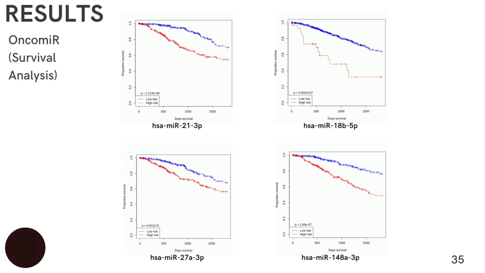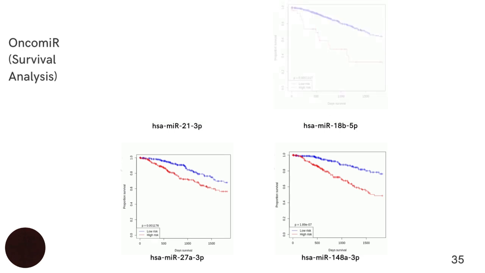To put it in simple terms, the blue line represents low expression of this microRNA, and the red line represents higher expression of this microRNA. So if the red line is below the blue line, that means it's highly risky and the survival of the patient does decrease. And for most of my microRNAs, they do decrease. So this indicates that my microRNAs are actually biomarkers for glioblastoma.